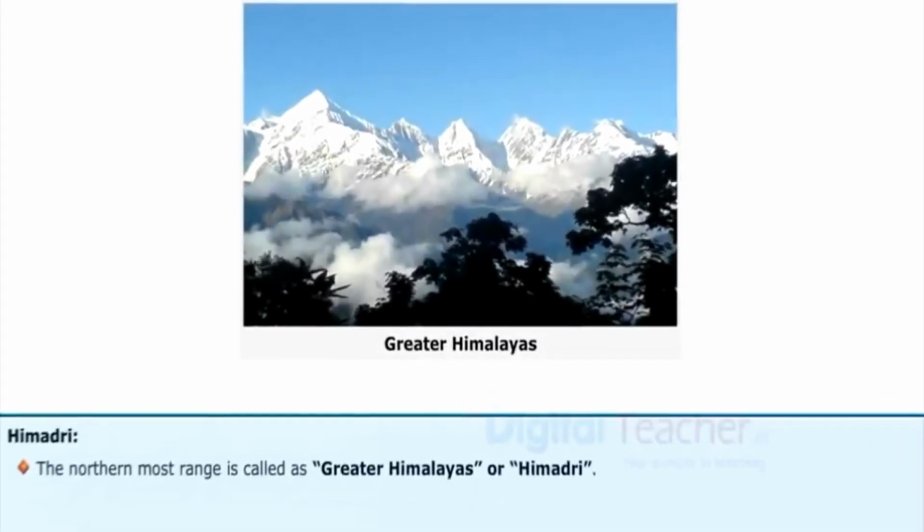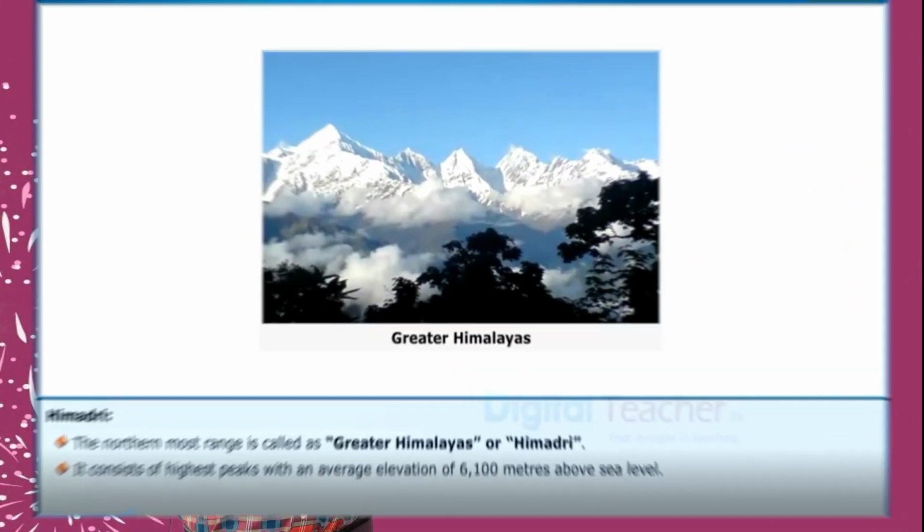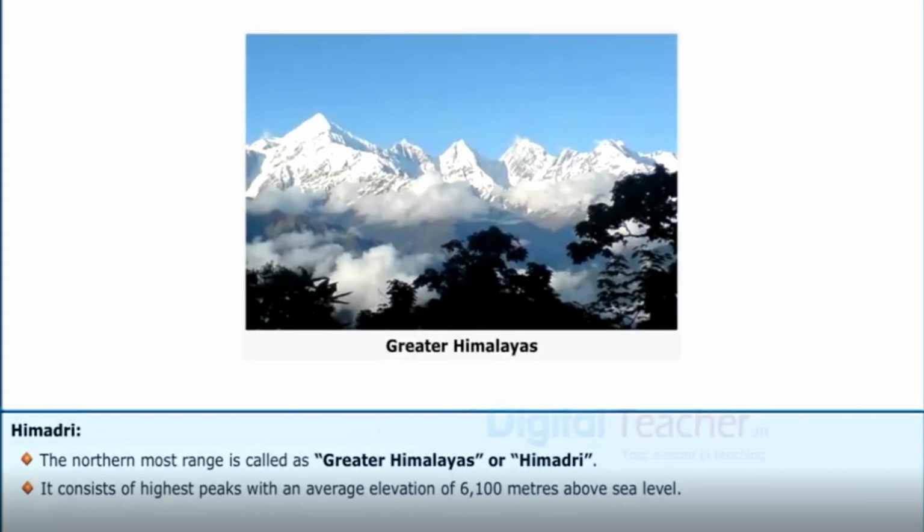The northernmost of the Himalayas is called the Greater Himalayas or Himadri. This region has the highest peaks, with an average elevation of 6,100 meters above mean sea level.